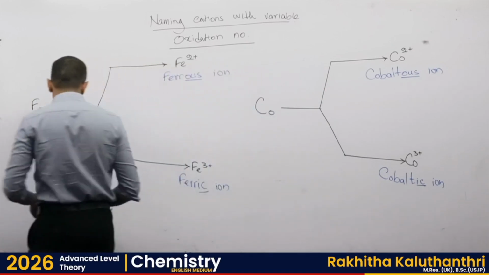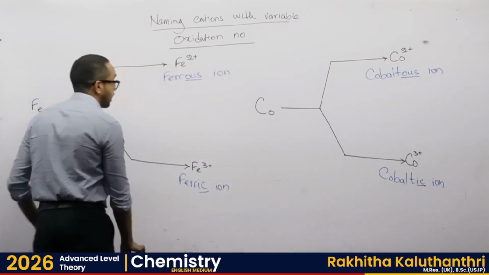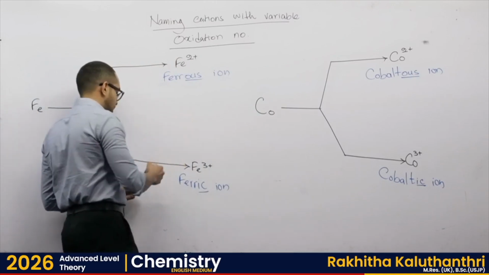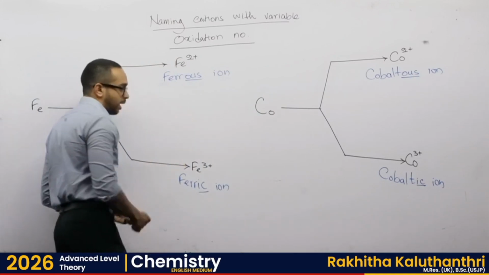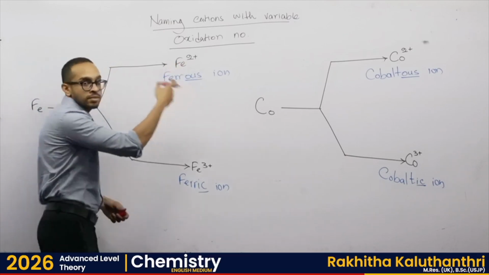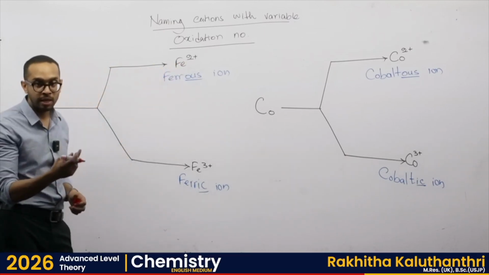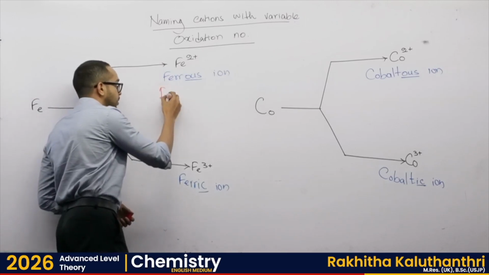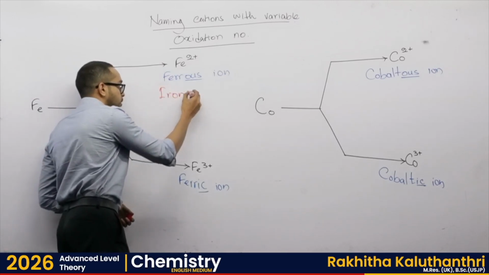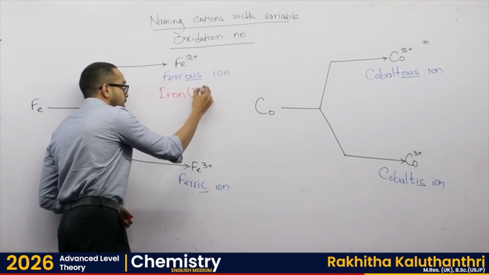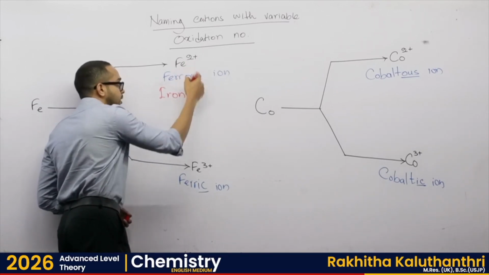So now over here I have given you the trivial names. The IUPAC naming system is a bit more streamlined, it's easy. So we call this iron. Fe is iron. We just write the name of the metal, and within brackets, in capital Roman numerals, we write the oxidation state.